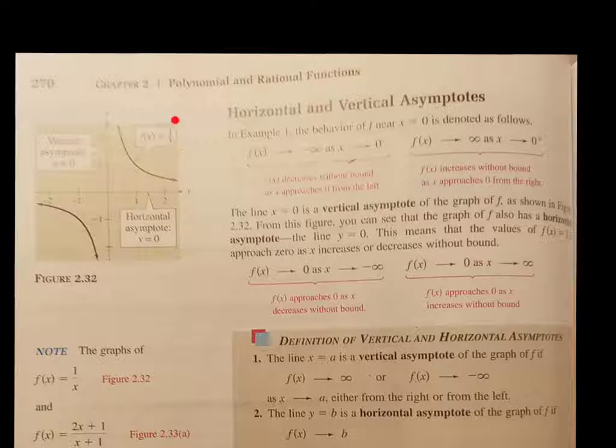So they start here with a pretty simple function of 1 over x. And they're pointing out, hey, look, there's a horizontal line here that if we extended this out forever, this function would never really get to this x-axis in either direction.